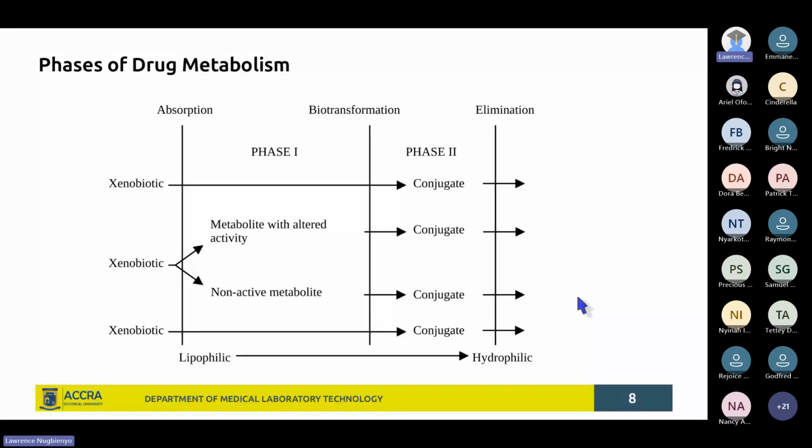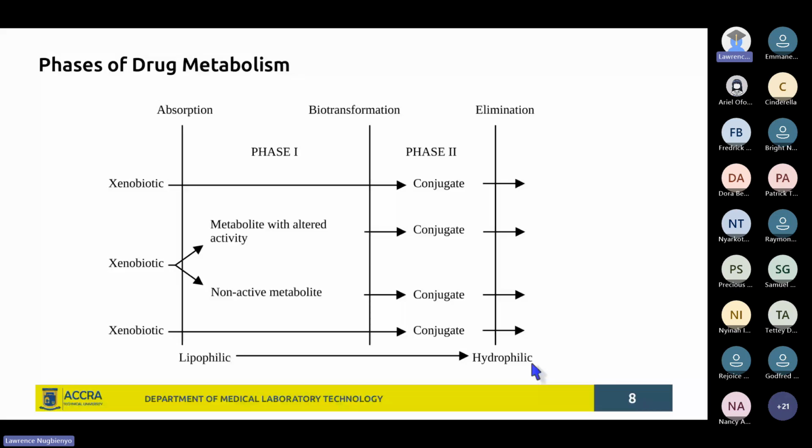Now, generally, these processes of biotransformation result into the conversion of lipophilic substances into hydrophilic substances so that they can easily get excreted out of the body. What it means is that the internal environment of the body is aqueous.